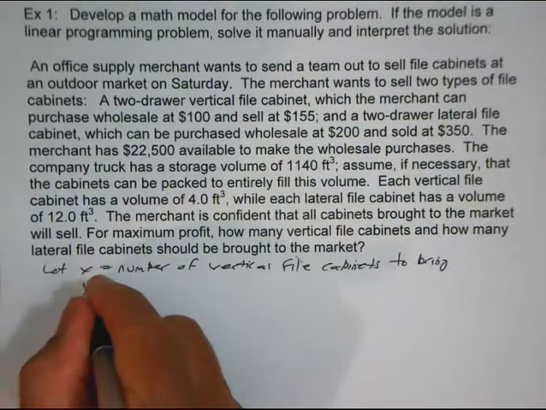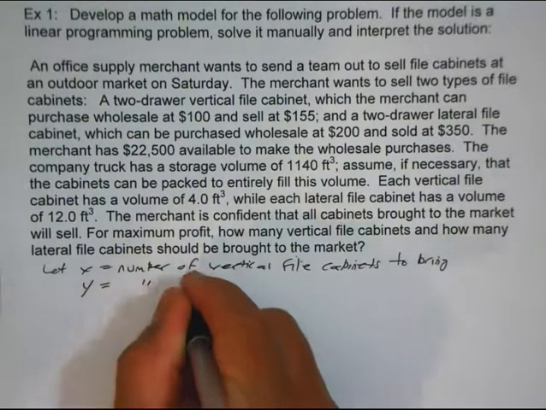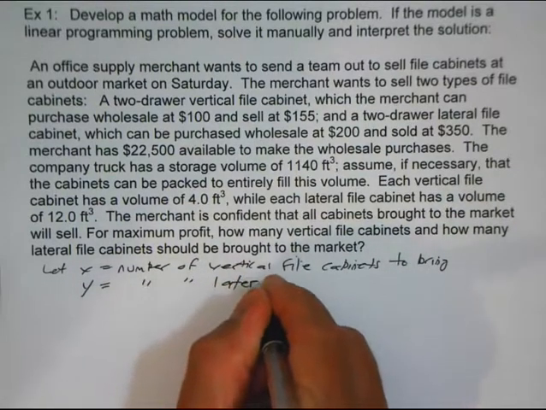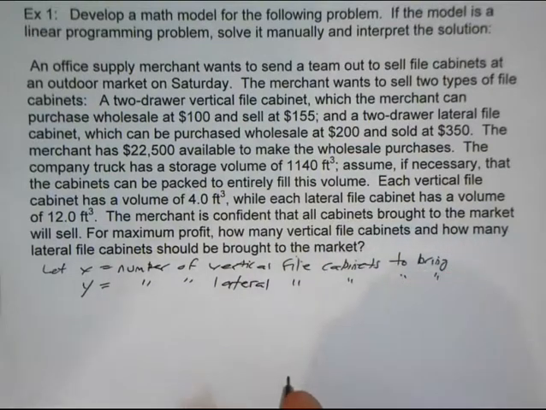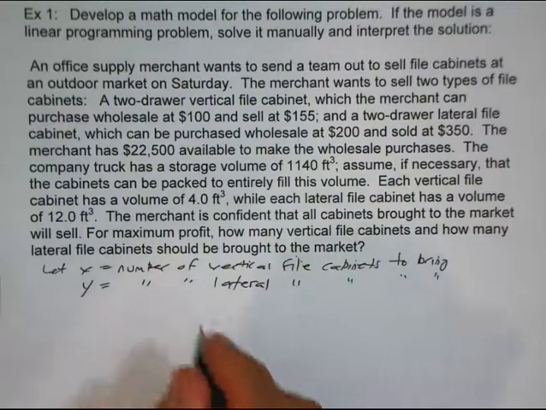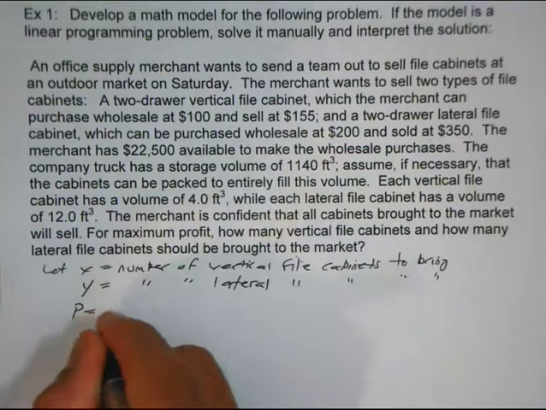And then y will, of course, be the number of lateral file cabinets to bring. The key quantity in this question is this profit. Of course, the merchant wants to make the most profit. So let's let P equal profit.